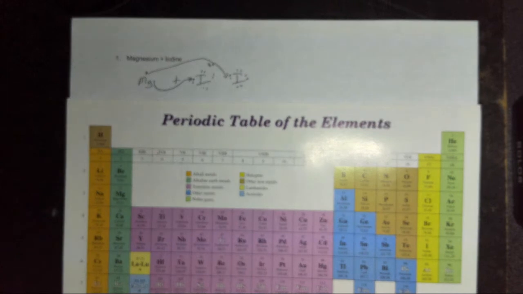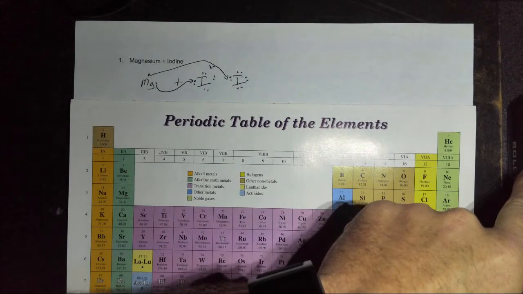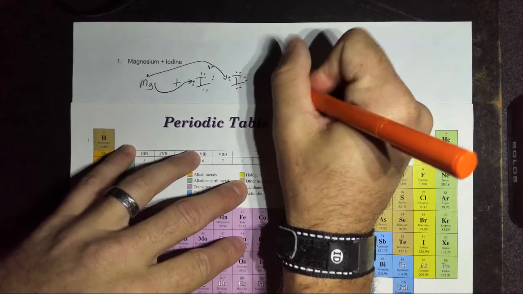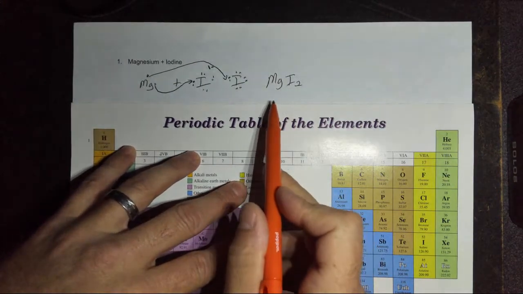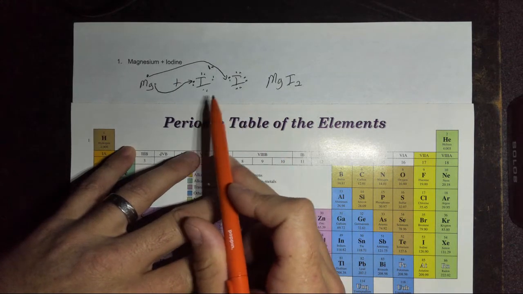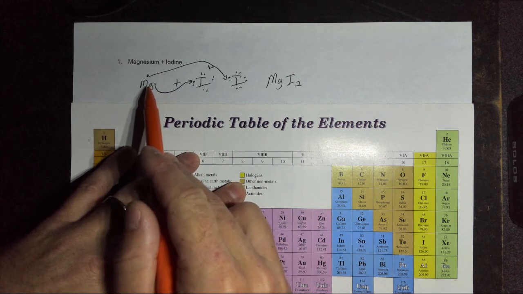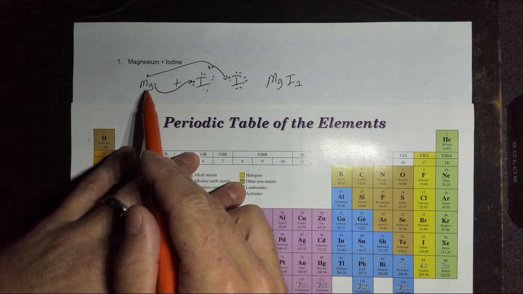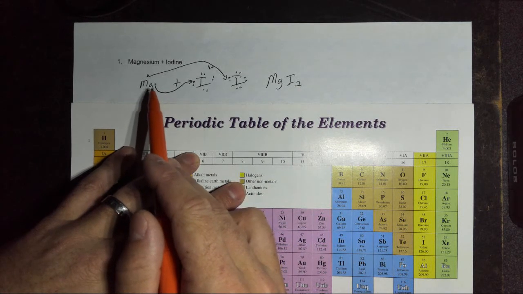So now our chemical formula is simply MgI2, because we have 2 iodines and we have 1 magnesium to create that. See how that works? So these positive ions, or these cations that have only 1 or 2 or maybe 3 valence electrons, they want to get rid of those valence electrons so they can get to 8.